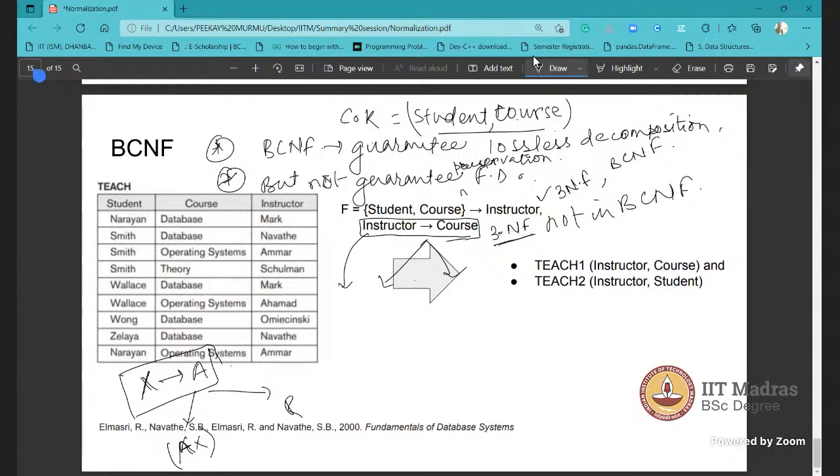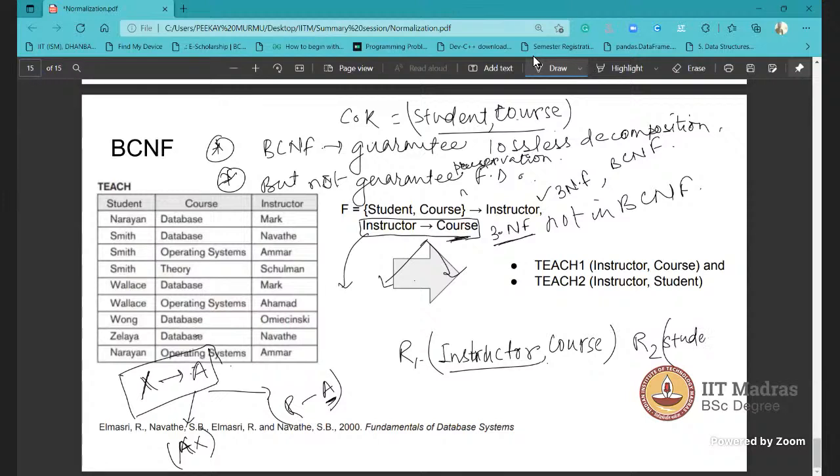And the second one, R minus A, contains student and instructor.